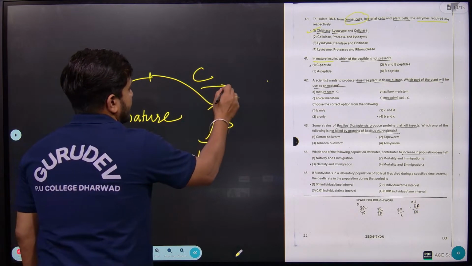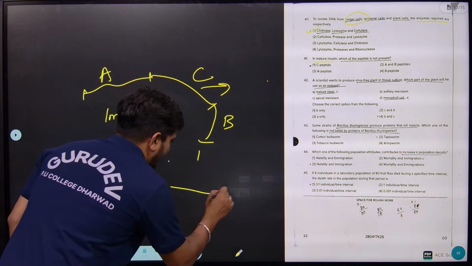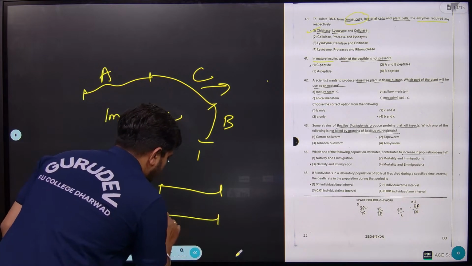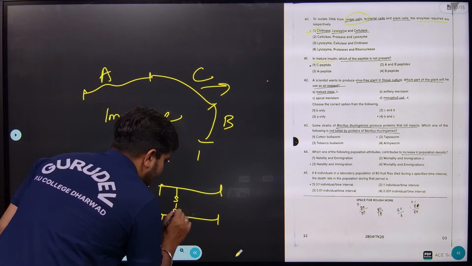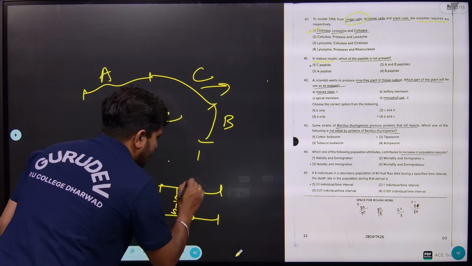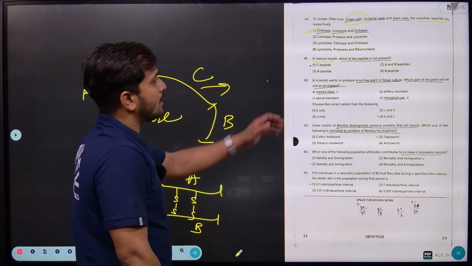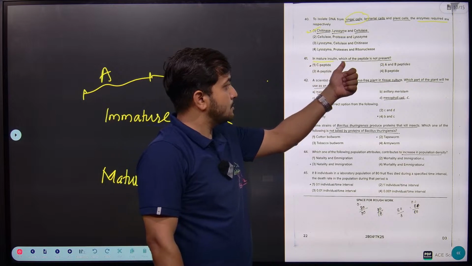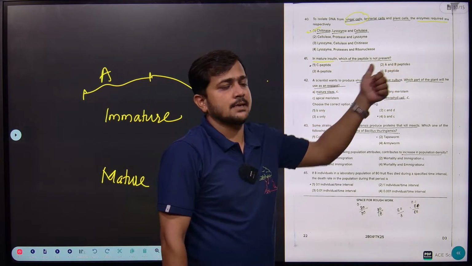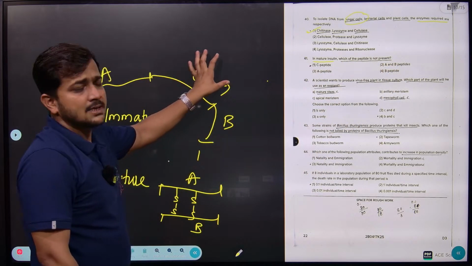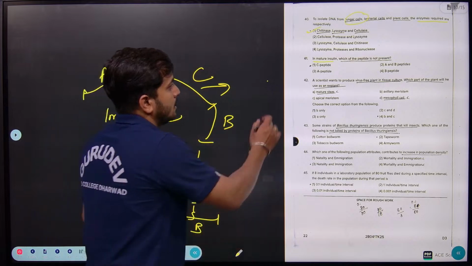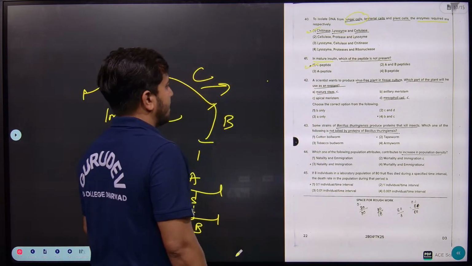The C peptide is removed and A and B form a disulfide bridge between them, right. So the joining of A and B is the mature insulin. So what they are asking is, with respect to mature insulin, which peptide is not present? The C peptide, which is removed. So here the answer is C peptide.